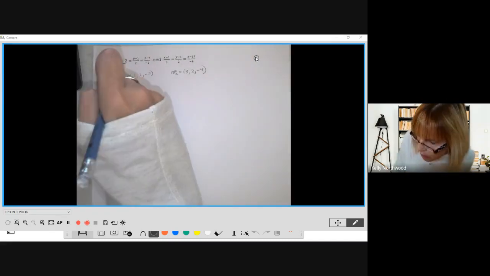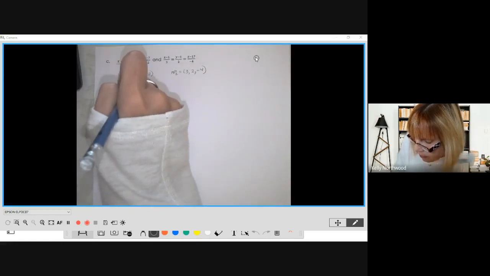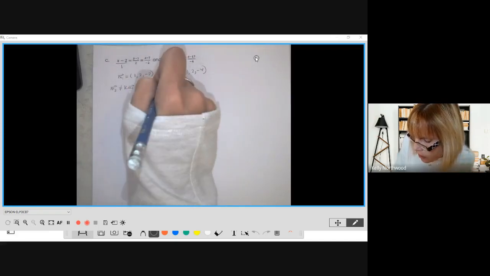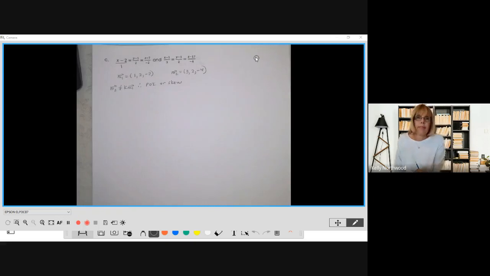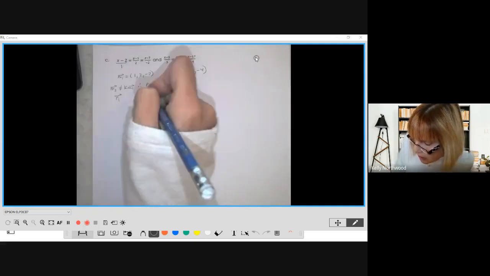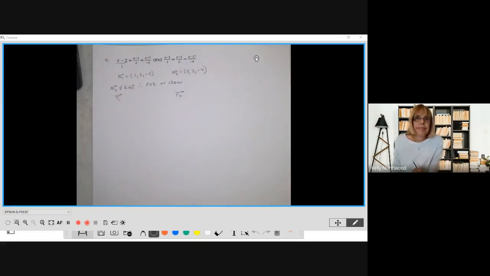And they're not scalar multiples. So we either have a point of intersection or skew lines. So now we want to get the parametrics for each line.